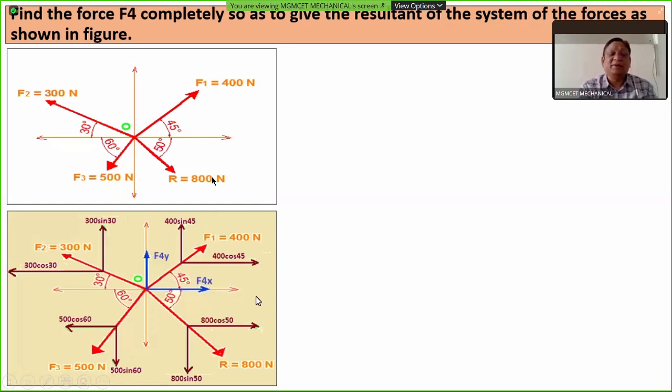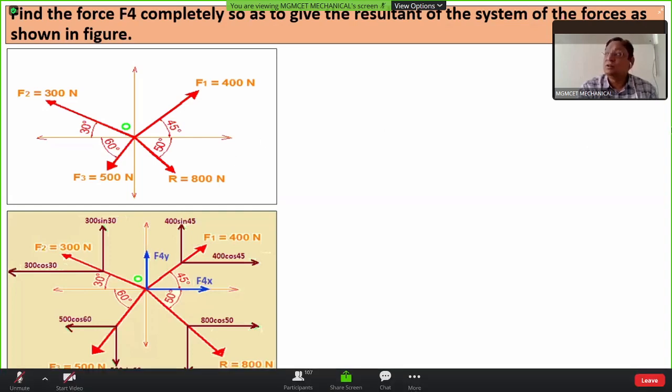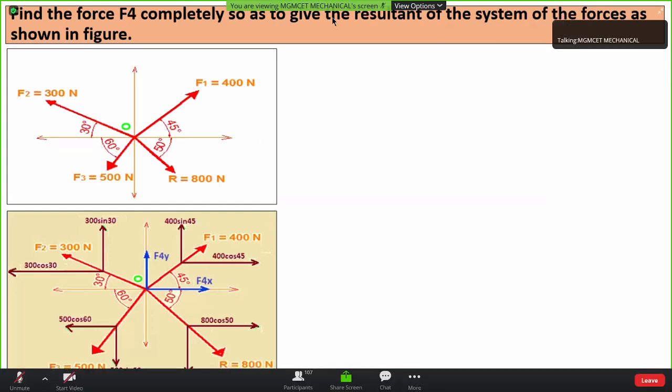Now can anyone tell me how to proceed with the question? How will we find the solution? If the previous two numericals are clear, now you will be able to tell this.